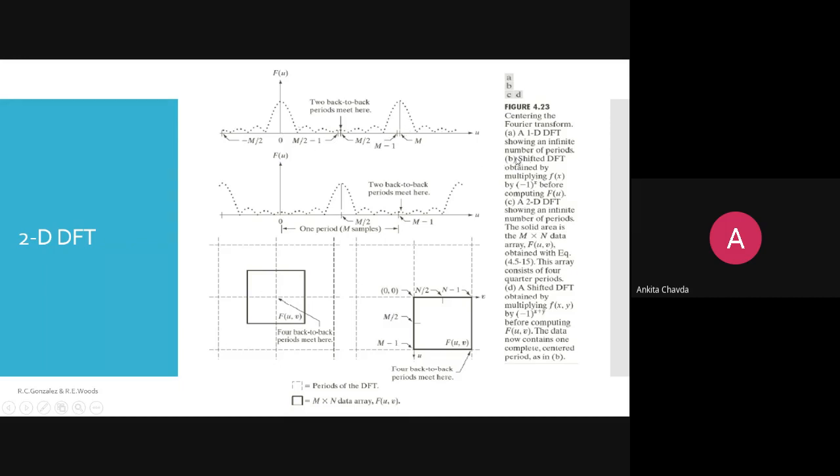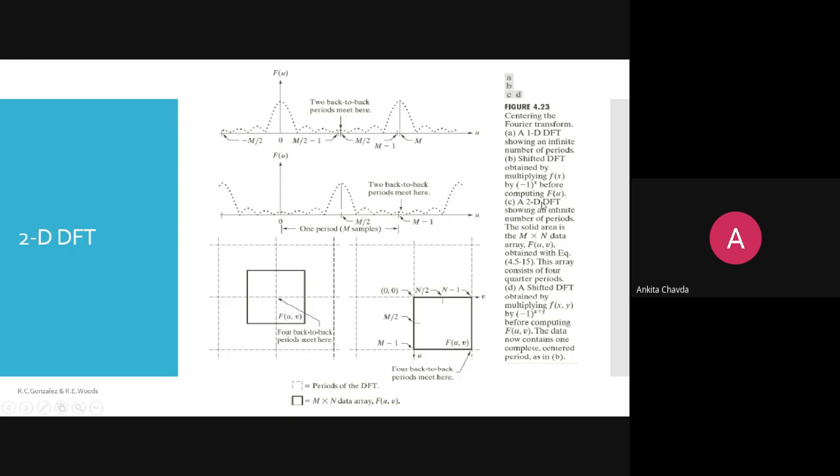Figure B shows the shifted DFT obtained by multiplying your f of x by (-1) raised to x, because this is 1D, which is why only one variable, x, is there. You do this before computing your f of u, as pre-processing, and then compute f of u. Now you are converting your image into the frequency domain.